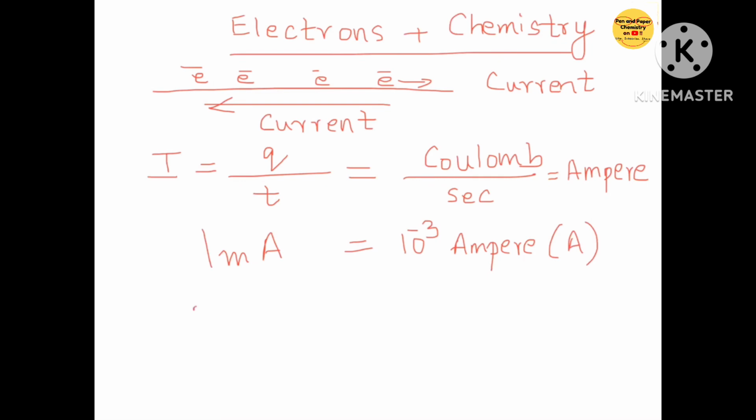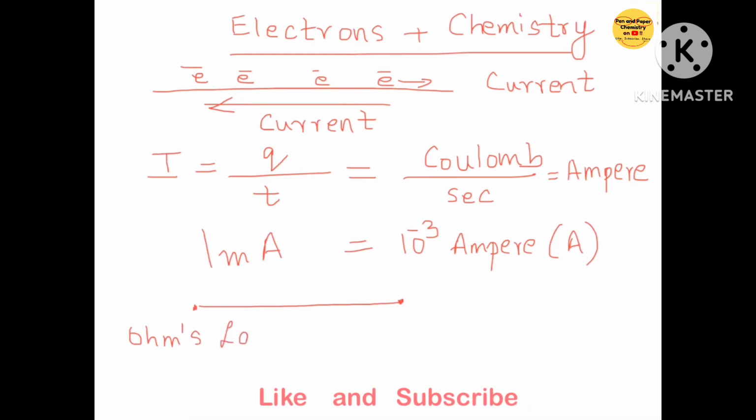What decides the amount of current flowing through a conductor? This was stated by what we call as Ohm's law. Do you remember Ohm's law from your earlier learning?